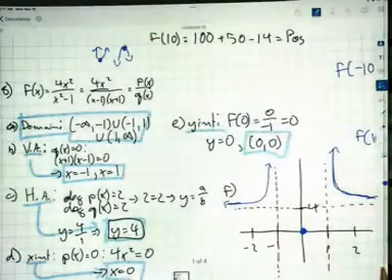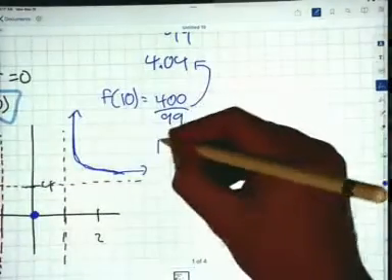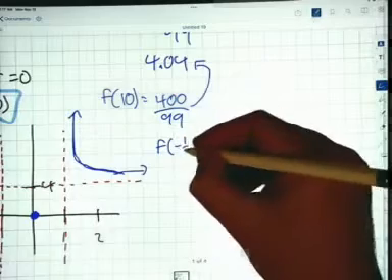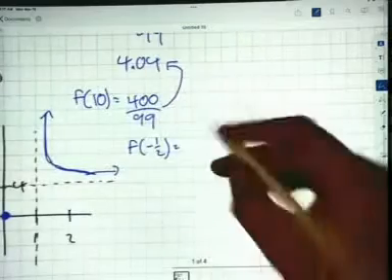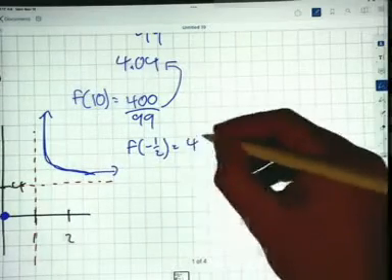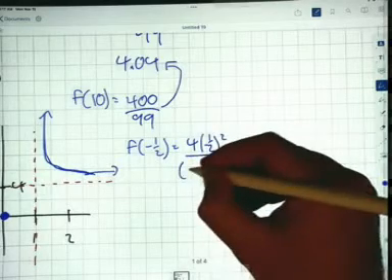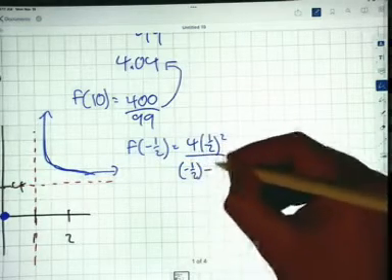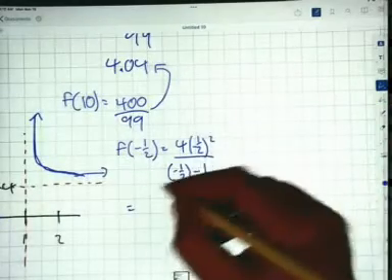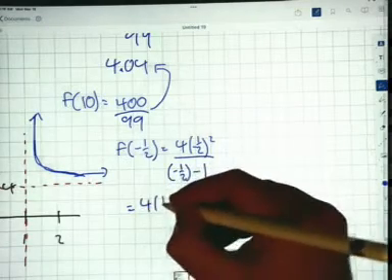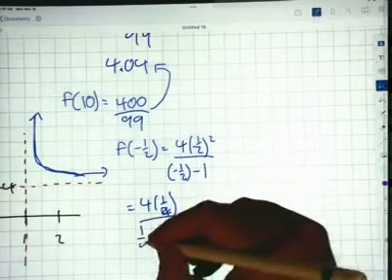Now, we can prove that without knowing multiplicity. We can do things like this. What is f at negative 1/2? So that's going to give you 4 times negative 1/2 squared, over negative 1/2 minus 1. 1/2 squared is a 1/4, so 4 times a quarter over a quarter minus 1.